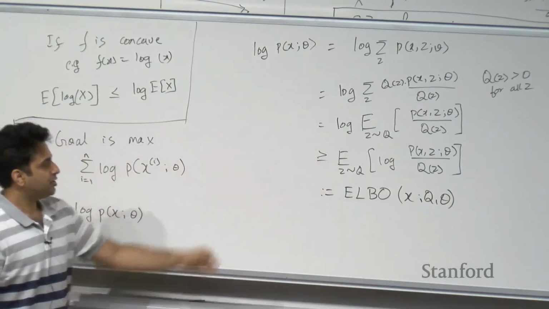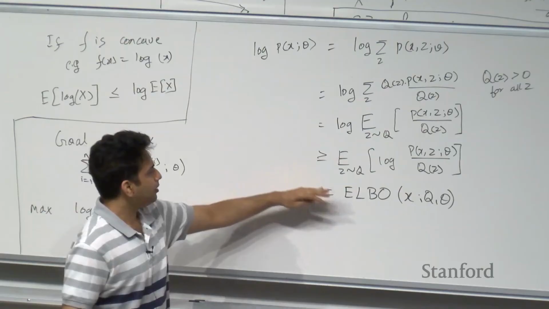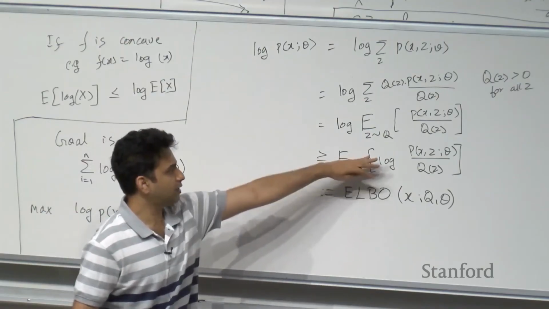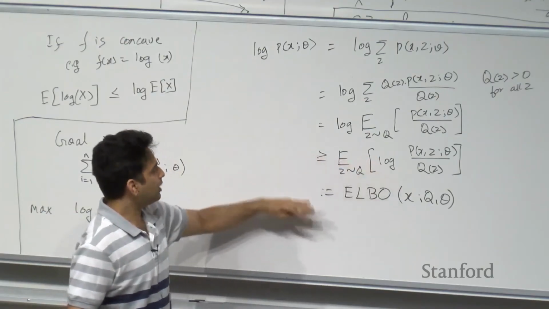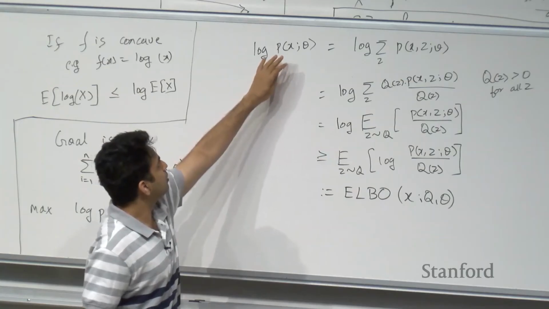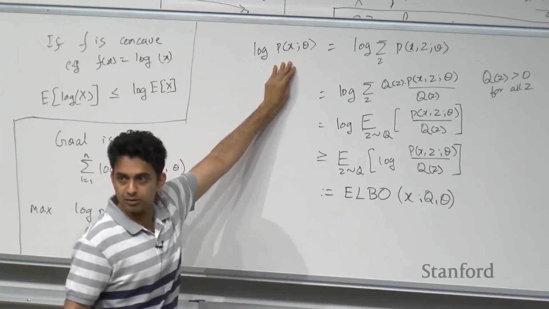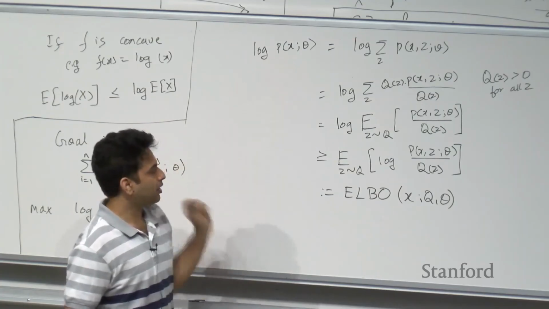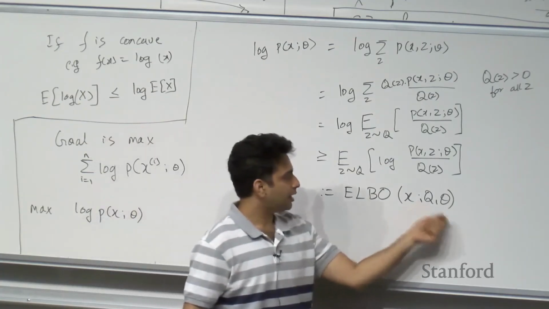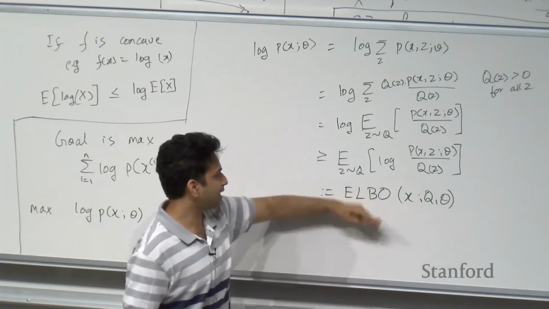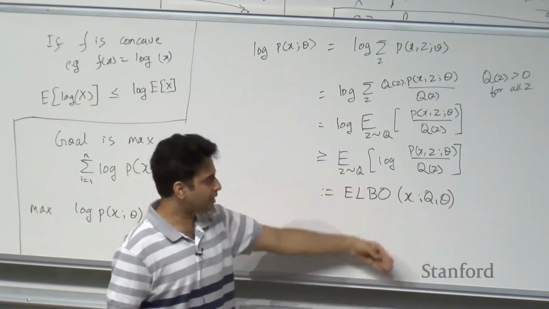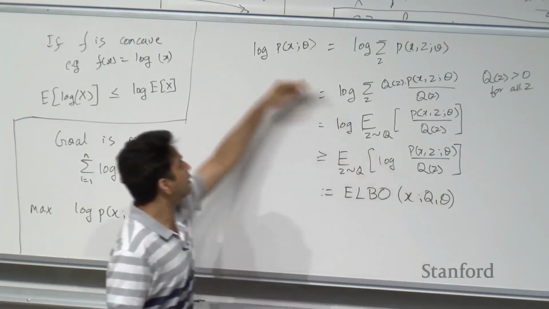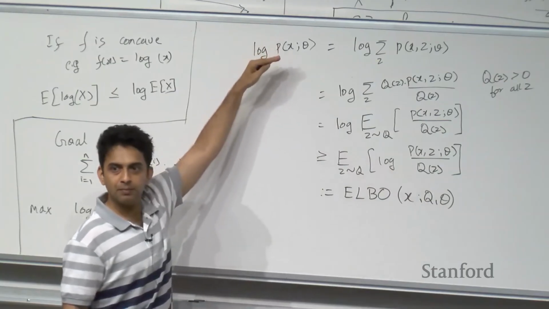And Jensen's inequality tells us that the ELBO, which is defined to be this term, is always less than or equal to our objective that we want to maximize. Which means now if we find thetas and q's such that we are maximizing the ELBO, then implicitly for the same values of theta, log p of x is also going up.